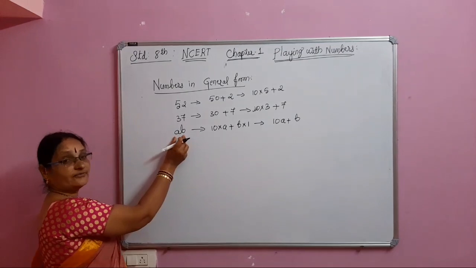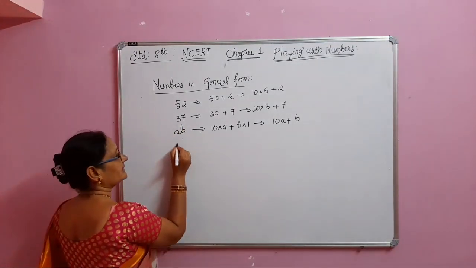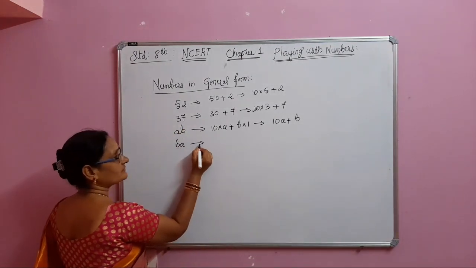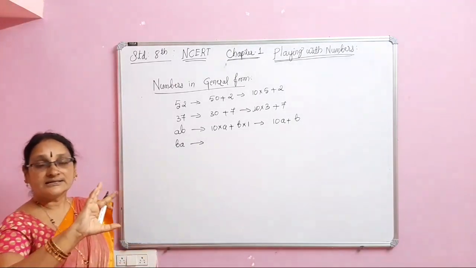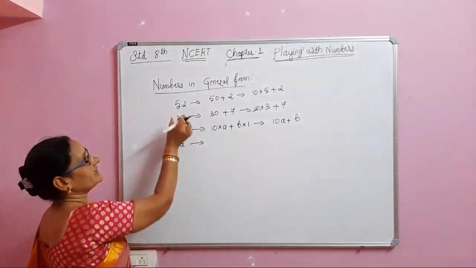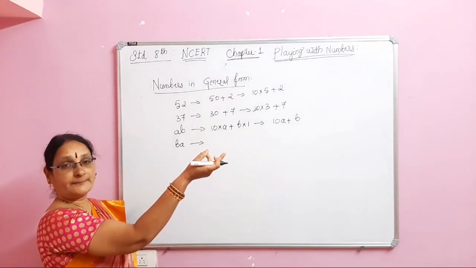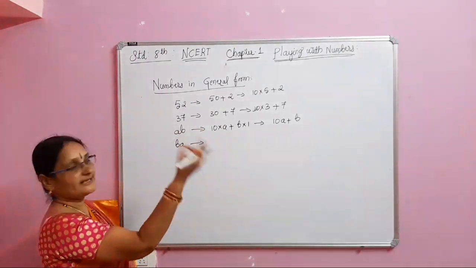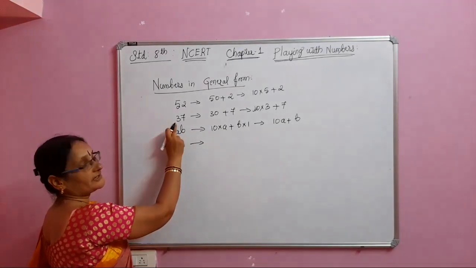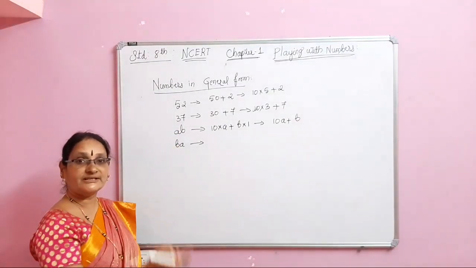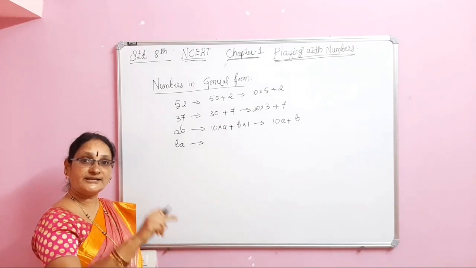Suppose instead of AB, I take BA. That means the digits are reversed. See, 52, if I reverse it, becomes 25. Then 2 is in the tens place, 5 is in the units place. If I reverse 37, it becomes 73. 7 is in the tens place, 3 is in the units place.